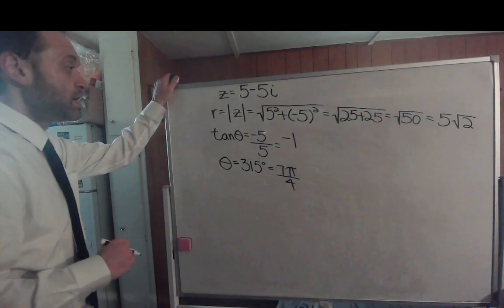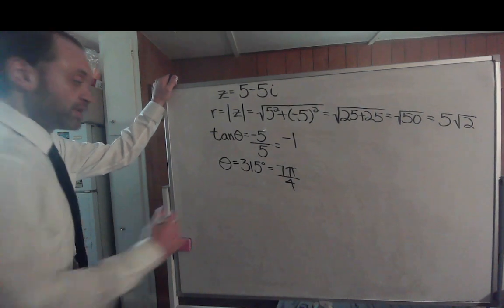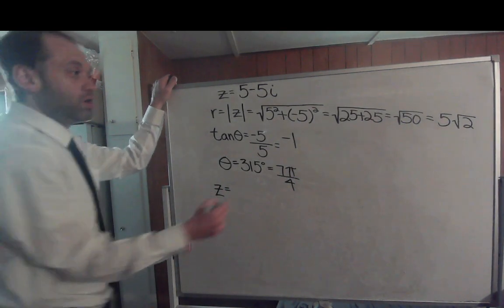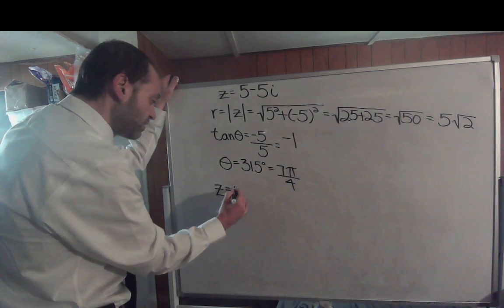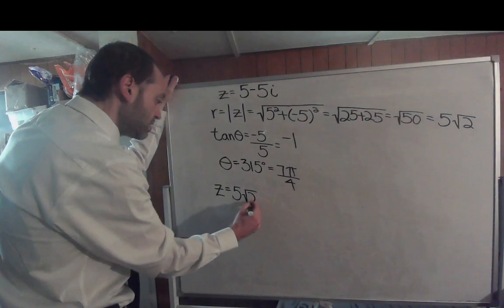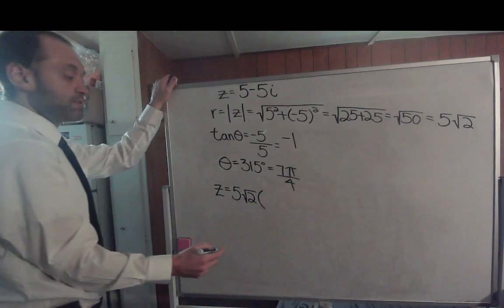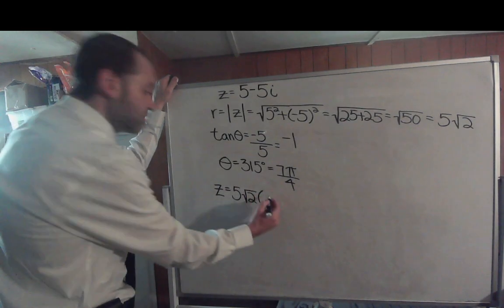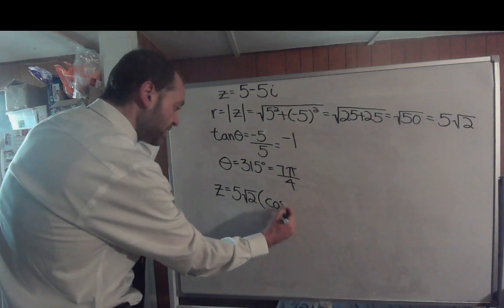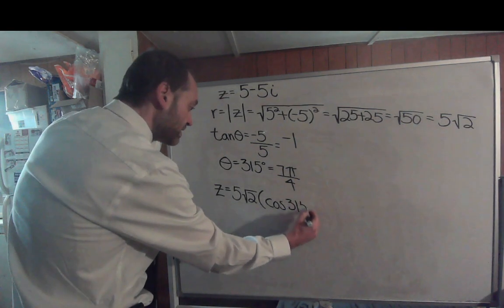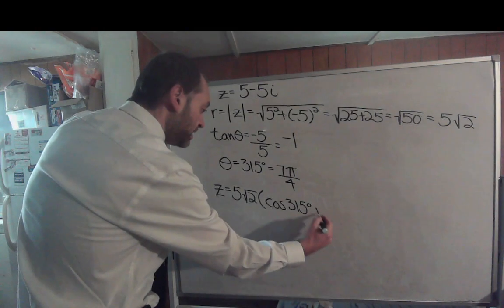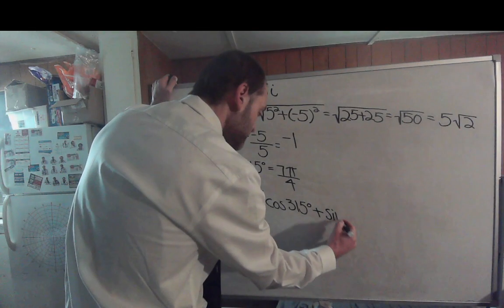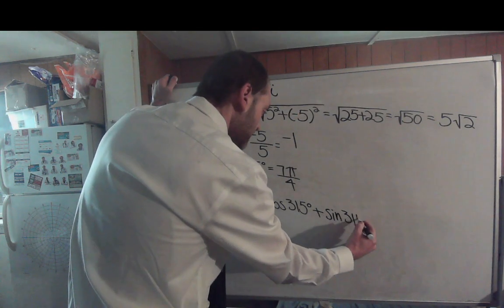So, how are you going to write this complex number in trigonometric form? Well, it's going to be z equals your r, which is 5 times the square root of 2, times the cosine of 315 degrees, plus the sine of 315 degrees, i.